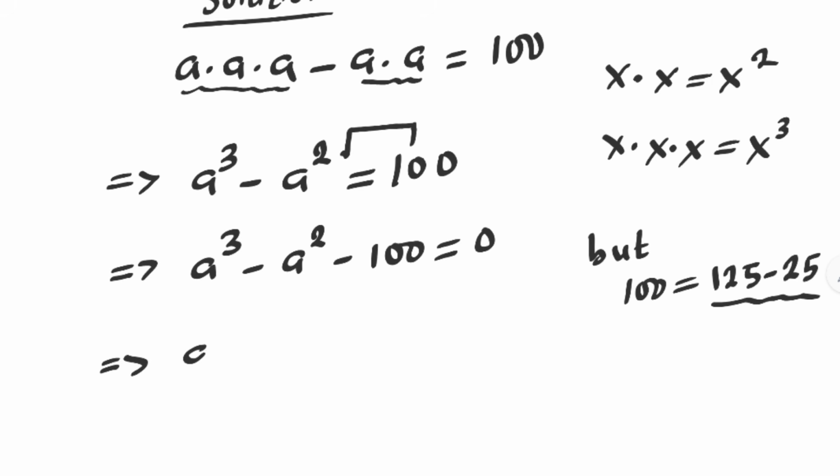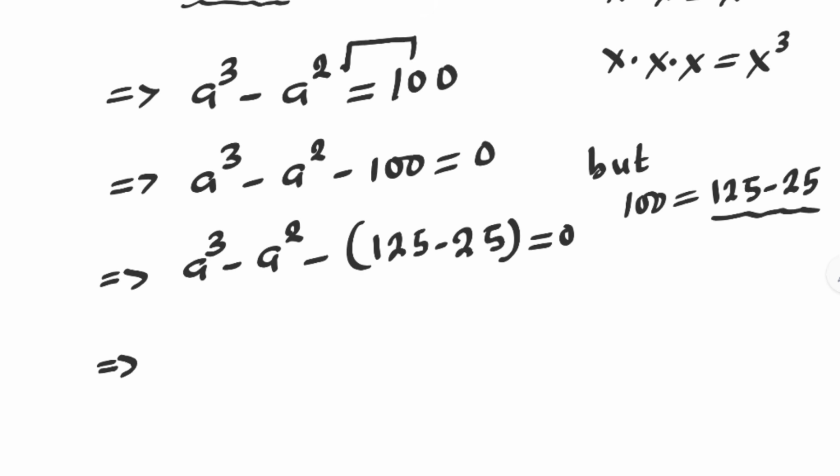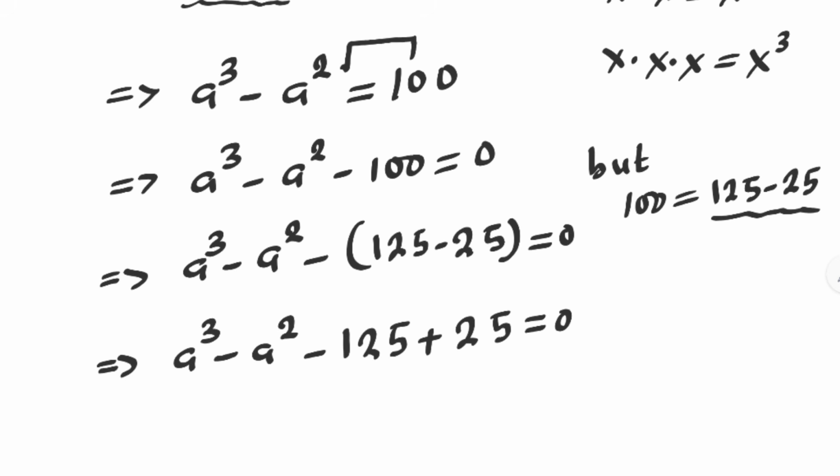Then we have a raised to power 3 minus a squared minus 125 minus 25 is equal to 0. Here we have a raised to power 3 minus a squared. If you open the bracket with this negative, we have minus 125 plus 25 is equal to 0.